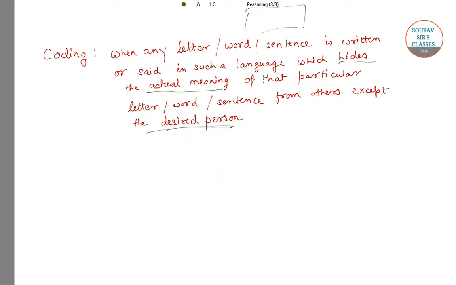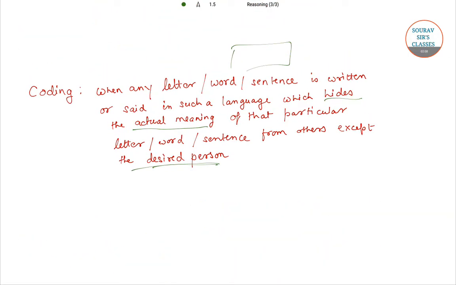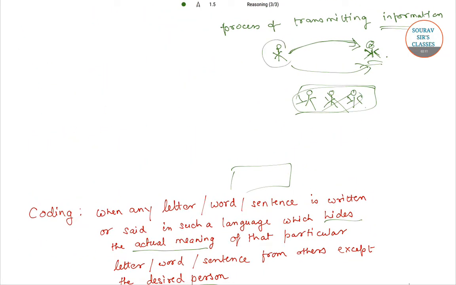And what is decoding? Decoding is tracing out the actual meaning of a coded letter, word or sentence. Like when the information is sent from the sender to receiver, the sender is doing coding, that is, he is writing the message in such a way that its actual meaning is hidden from the remaining, so that only the receiver can understand what is written in that information, and the receiver is doing the decoding.